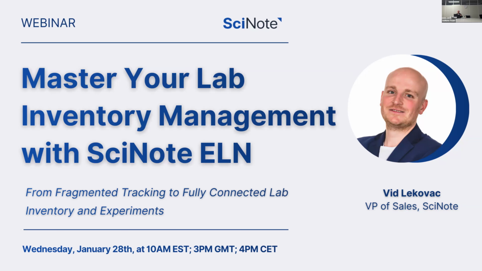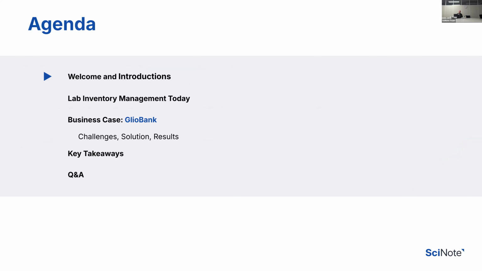And now let's jump to the agenda for today. As already mentioned, first I'm going to do a quick overview of historical lab inventory management and what's happening today. Then we're going to go into some learnings, both from our prospects, our customers, and also some things we found on, for example, Reddit and some of the research that has been done about inventory management.